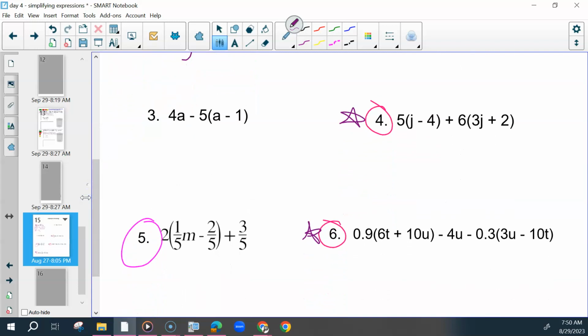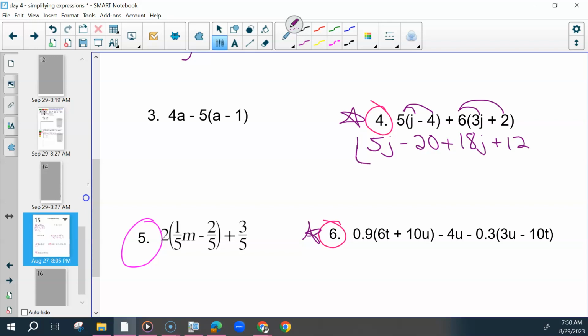All right, number 4. What is our first step? Distribute. Multiply 5 to j and negative 4. You can also distribute the 6 to 3j and 2. You have 5j minus 20 plus 18j plus 12. And then our next step, combining. Combine my terms.